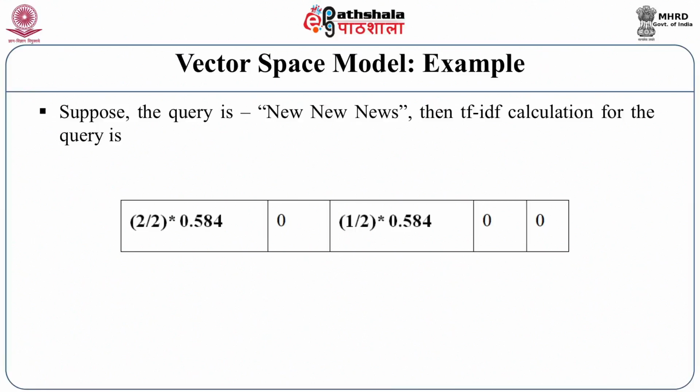But for "news", this term has occurred once in the query, while in the original term-document matrix, "news" has occurred twice. So I am taking half of it. Okay, so the query TF-IDF calculation is like this.